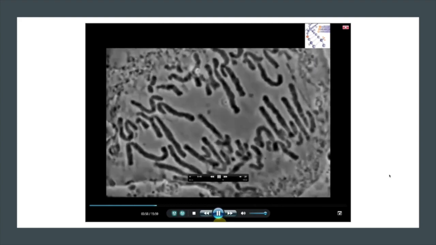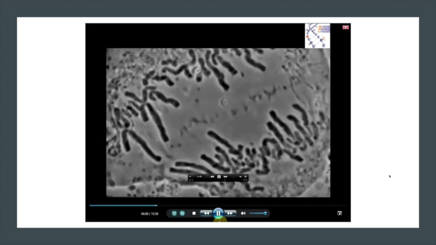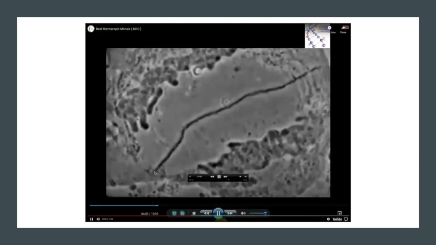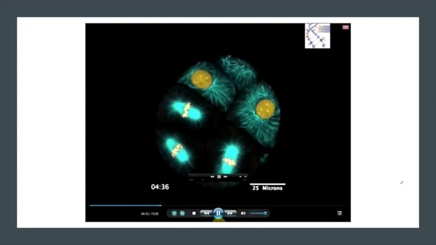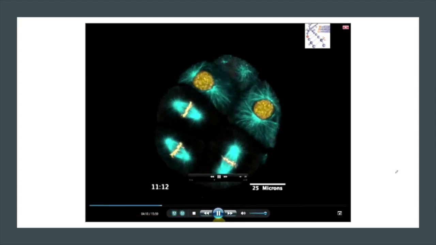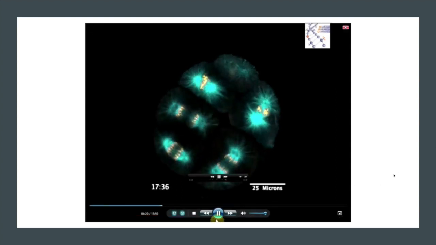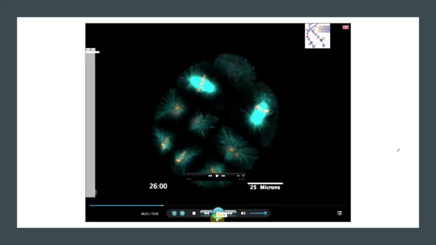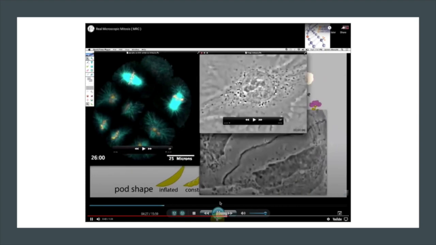Replication, now that they're being pulled apart, we're in anaphase. You can see here we're starting to see that cleavage furrow, and the cell gets broken apart. Here's just another view of the same thing. Which was pretty cool.